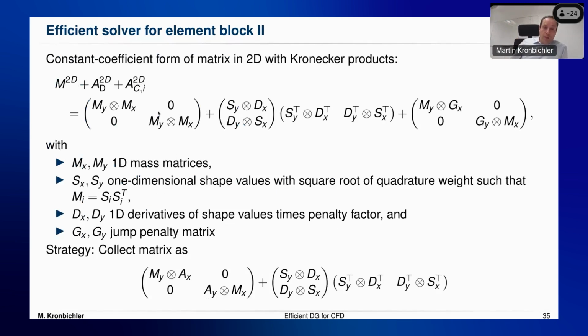So this is the mass matrix in tensor product form, a vector problem of course. This is the divergence matrix. You see that this is the singular nature. You actually see this from the ingredients that go into this matrix. And then we have this continuity penalty term for the factors that are actually related to the element. You see that this is again a block diagonal matrix with just something on the diagonal block.